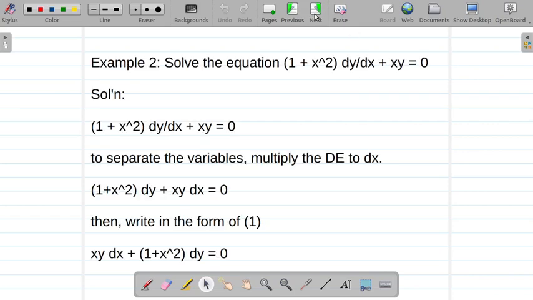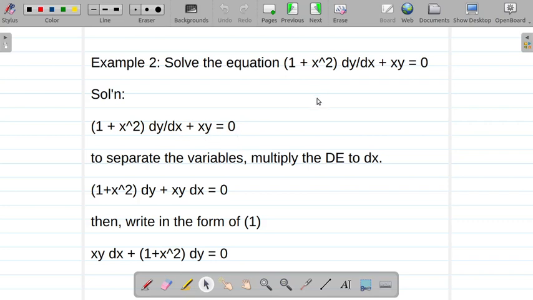Next is another example. Solve the equation 1 plus x to the power of 2 dy dx plus xy is equal to 0. Solution. First, we need to separate x in terms of dx and y in terms of dy.